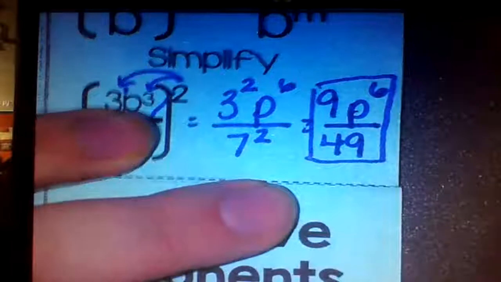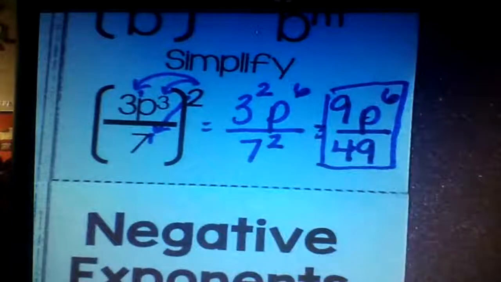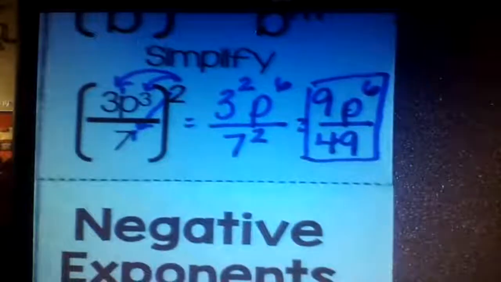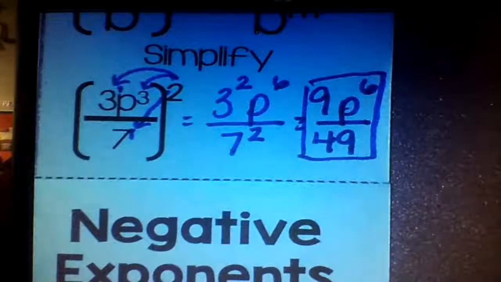Remember, 7 to the 2nd is not 7 times 2, it's 7 times 7. That's probably what's going to catch some of you more than anything. You have got to remember, it's not the base times the exponent. When I raise something to an exponent, it's that base times that base, however many times I need to.